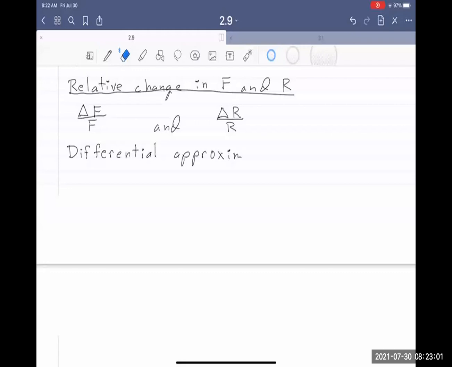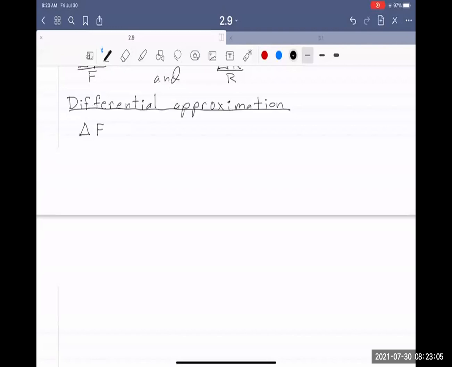So our differential approximation is that, well, the change in F, the flow, is approximately dF, and the change in the radius of your artery is approximately dr. Okay, so now let's try to figure this out.